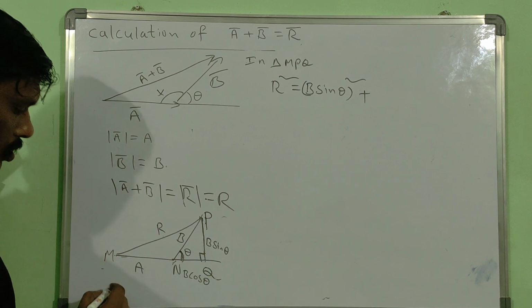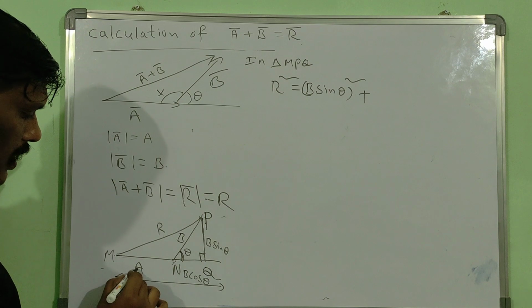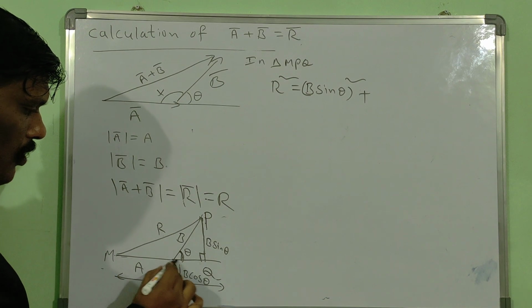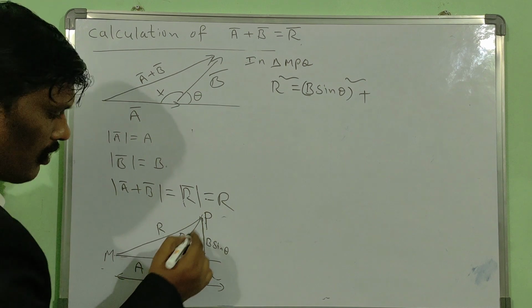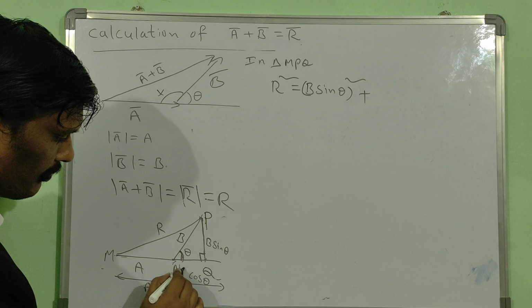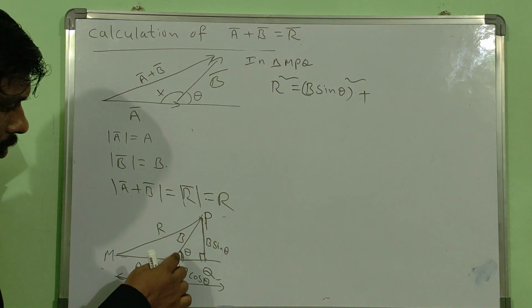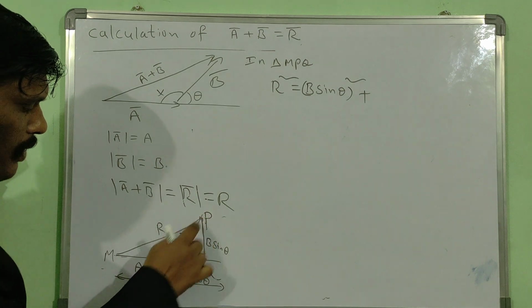Another side MQ, that means from here to here. From here to here is A. From here to here is NP cos theta. What is NP here?